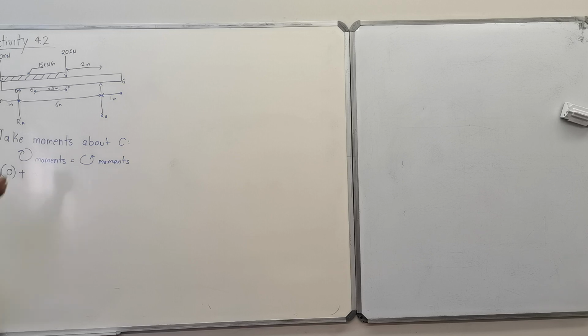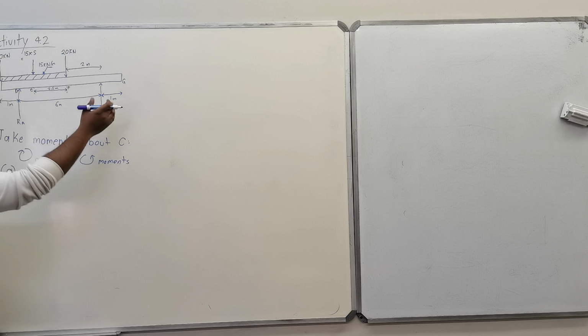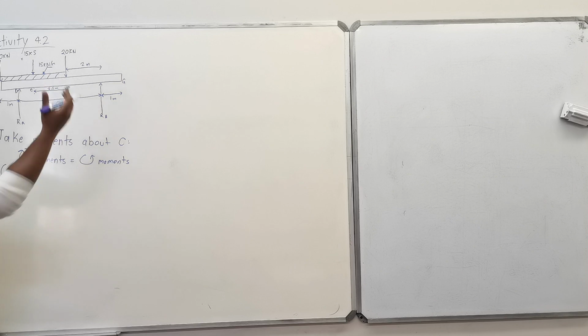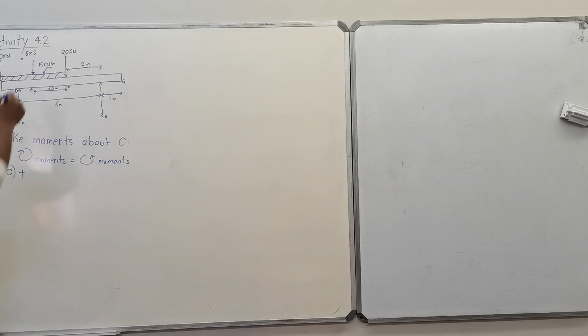It would be at the midpoint, and this would be 15 times 5. The full beam is 8 meters; there's 1 meter here plus 2, which is 3, and 8 minus 3 is 5 meters. So 15 times 5 gives you 75 kilonewtons.